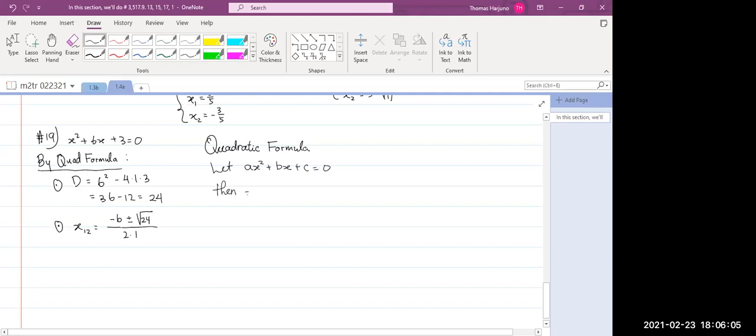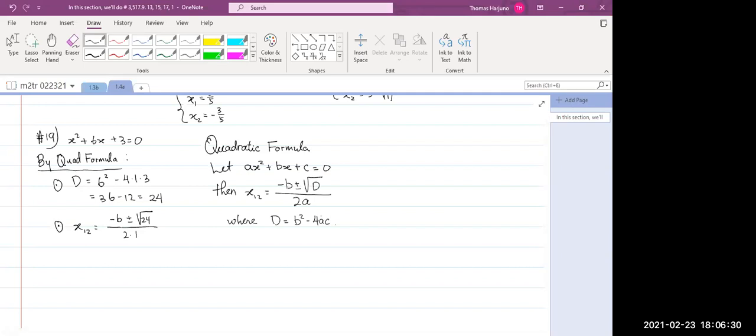Then x1,2 equals negative b plus minus square root of the discriminant over 2a, where D is the discriminant b squared minus 4ac. There will be a section in chapter 2 where we do discriminant analysis. If the discriminant is positive, what happens? If it is negative, what happens? If it is 0, what happens? If it is a square number, what happens? Okay, now continue from here.